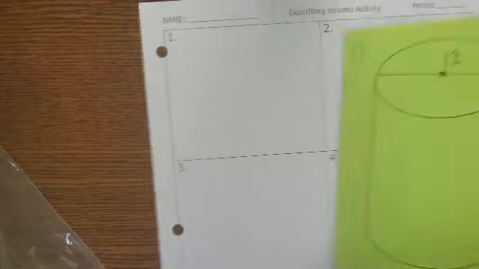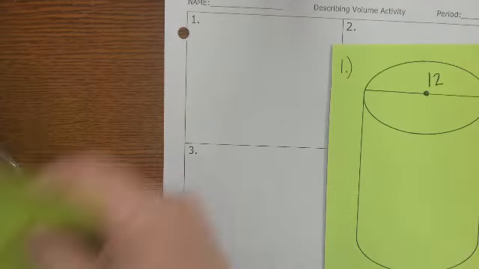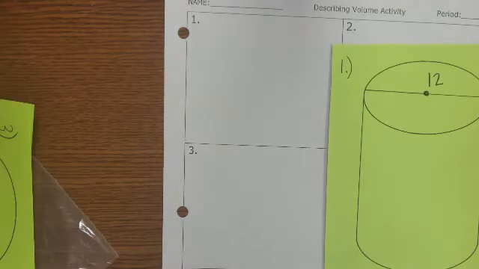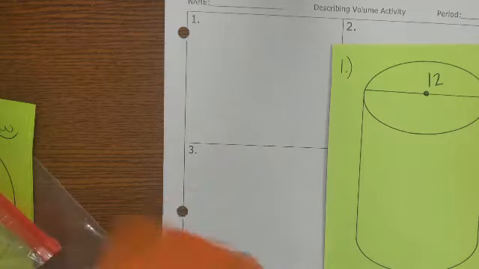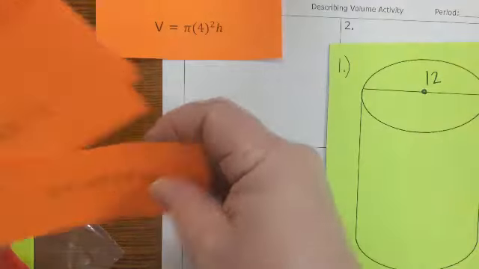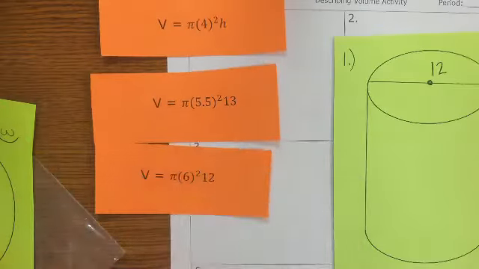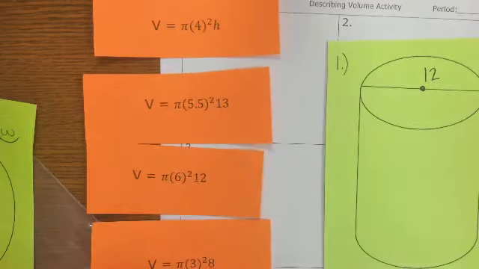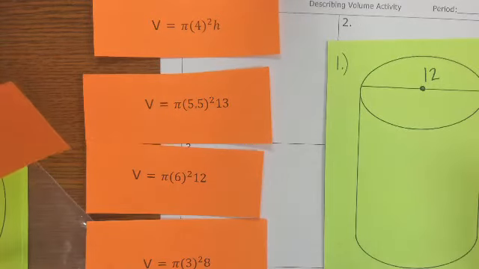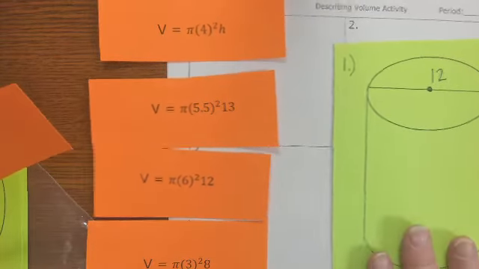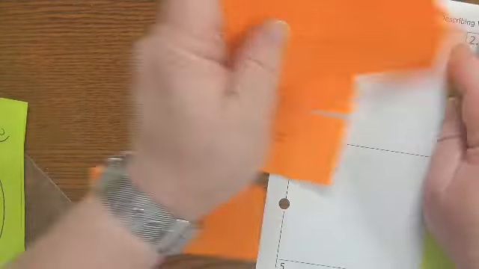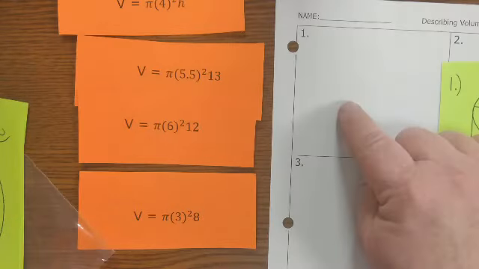So you're going to find number 1 to do the first box, and you are going to lay it out. And then there are orange cards, and those orange cards have different formulas on them with different numbers. So you are going to need to find the one that matches your cylinder. And when you find the one that matches your cylinder, you will write it in your box.